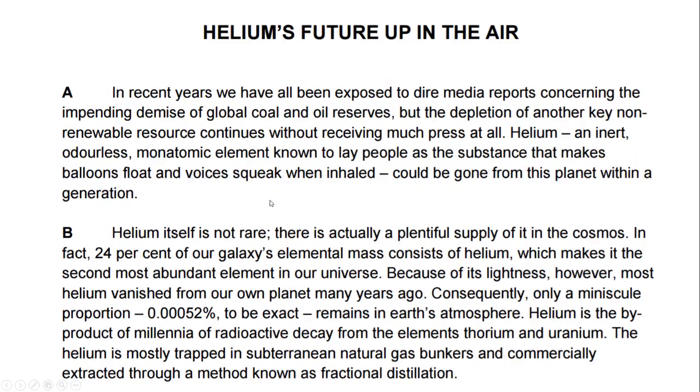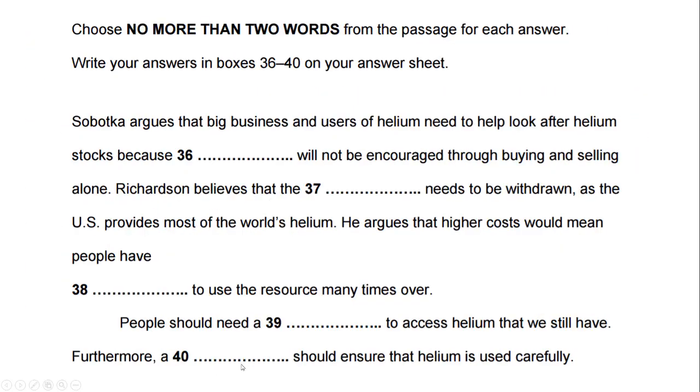Okay, so let's go back, double check. A regulatory agency. So then what you would do is double check that everything makes sense, because prudent practice will not be encouraged. That sounds good. Believes that the privatization policy needs to be withdrawn. Good. He argues that higher costs would mean people have incentives. Good.